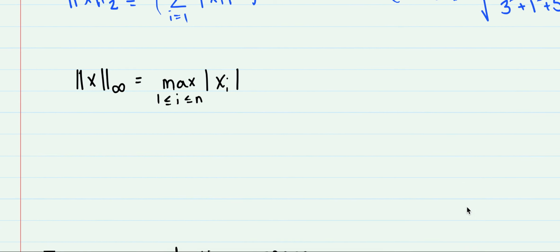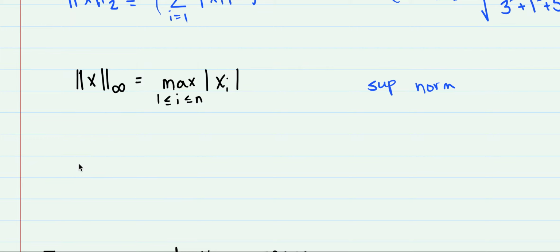Another type of norm, I actually like this one. This is called the sup norm. And what you do is you take the absolute value of all the entries, and then take the maximum entry, and that is what we're going to call the length of the vector.